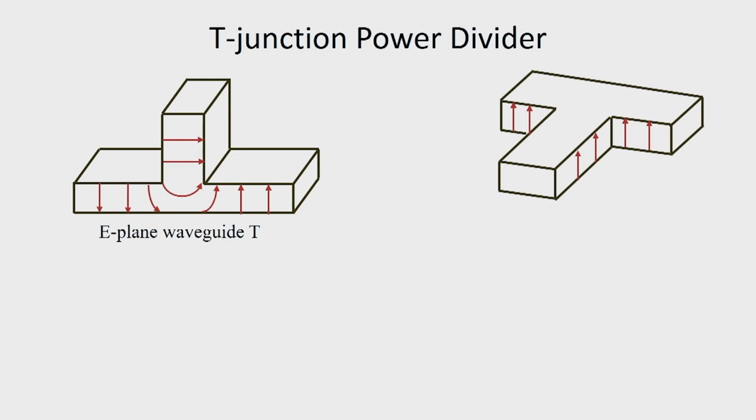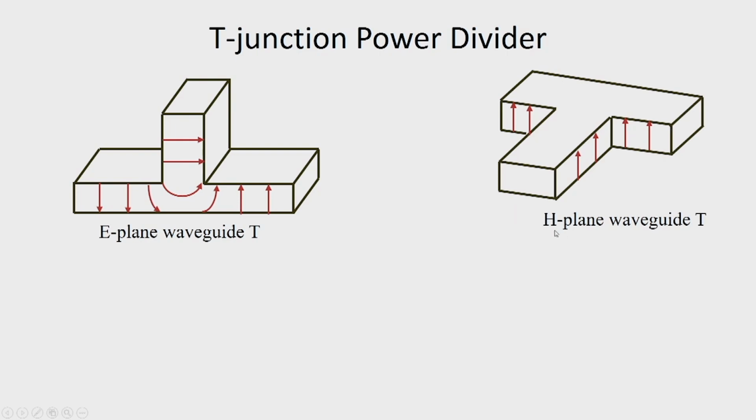Another T junction can be made from waveguides, and this is called H-plane waveguide T. And here we see the input signal once again splits between the output ports, but this time in phase.